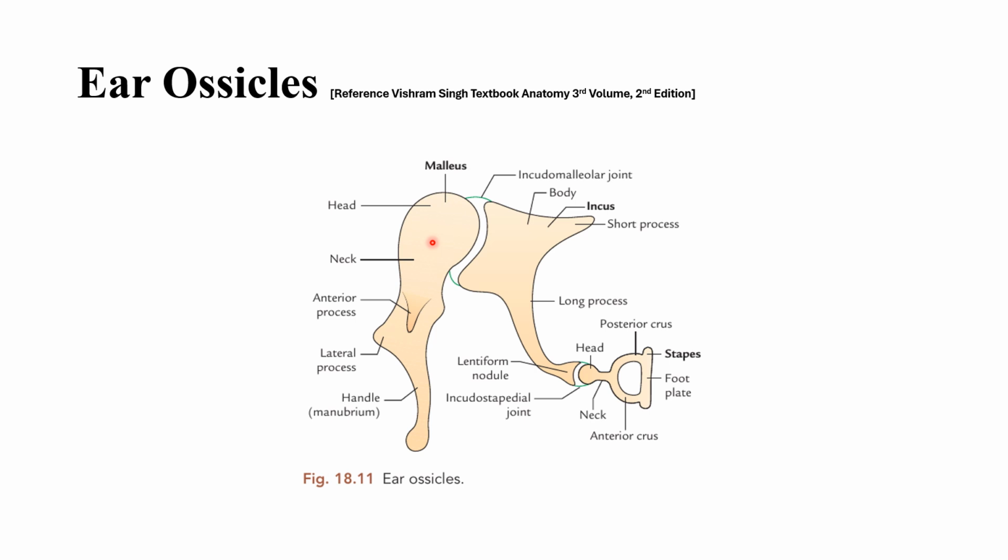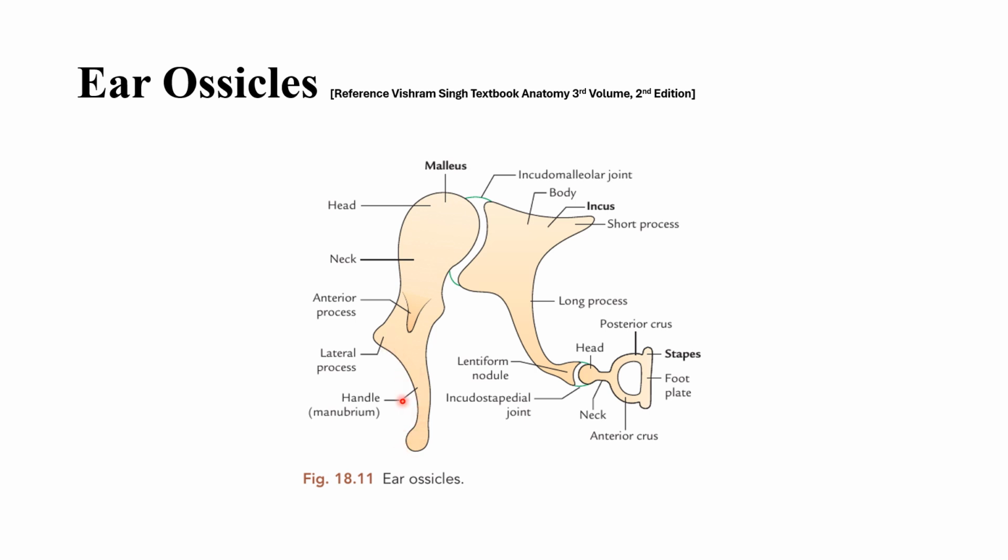It has got a head and a neck. So let me show you. This is the head of the malleus. This is the neck, and there are some processes: lateral process and anterior process. So this is the anterior process, and this is the handle.